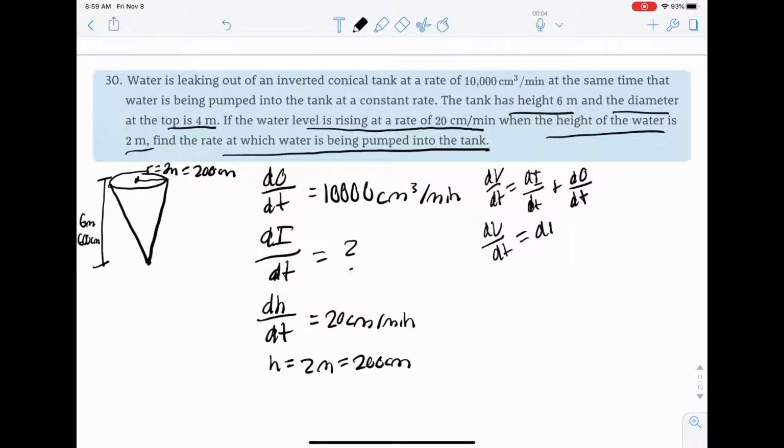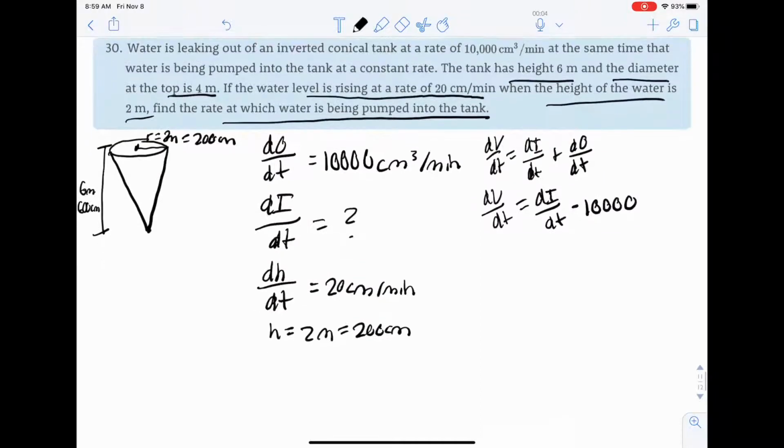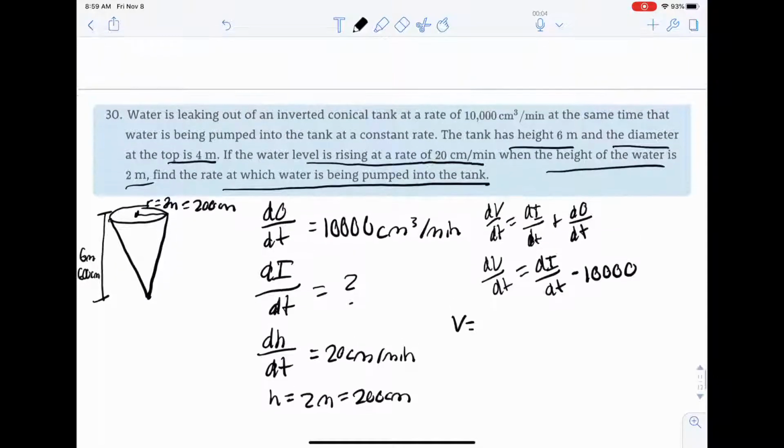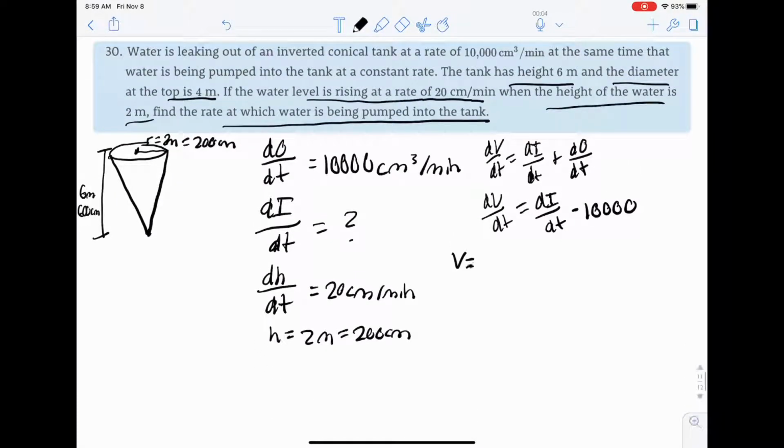So that leaves us with dV over dt equals dI over dt minus 10,000. Okay, so now we have the formula for volume, it's 1/3 pi r squared h.